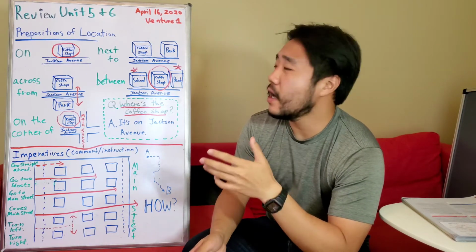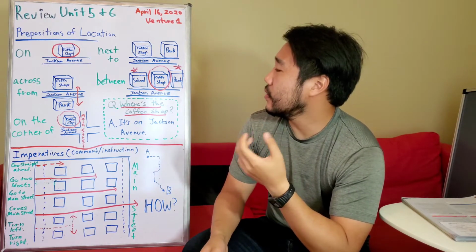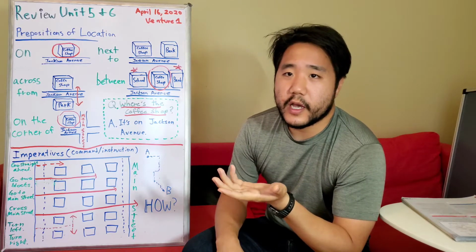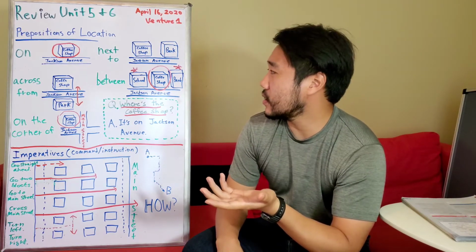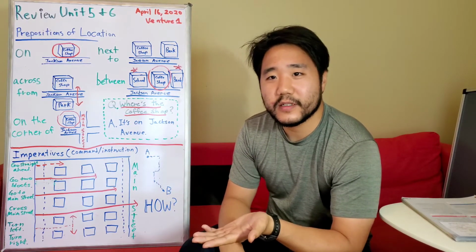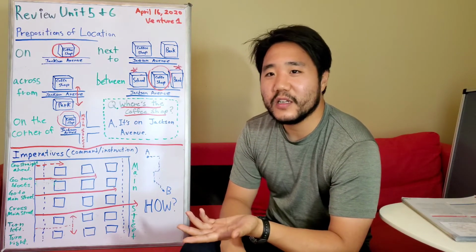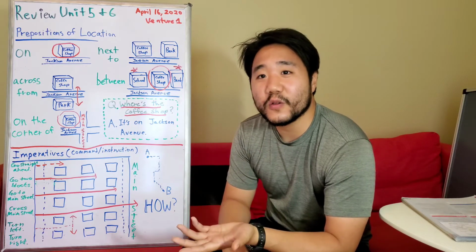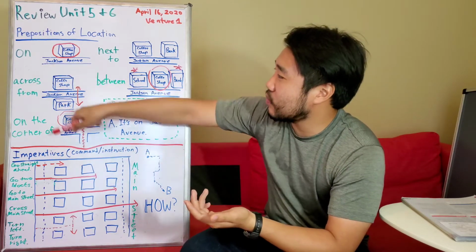So for example, if someone walks up to you and asks, hey, where's the coffee shop, that's the question. And you have to tell them the location. And in order for you to tell the location, you have to use these prepositions.